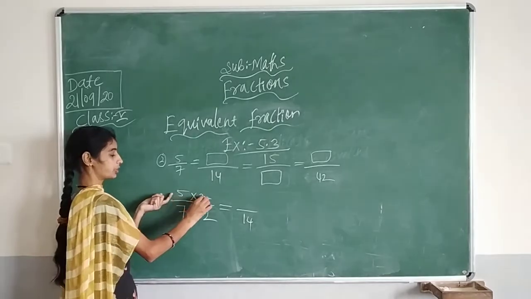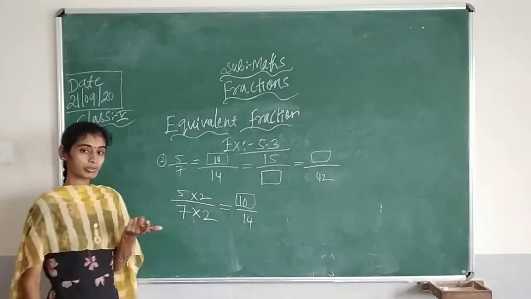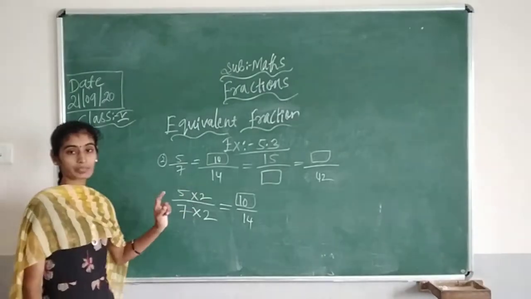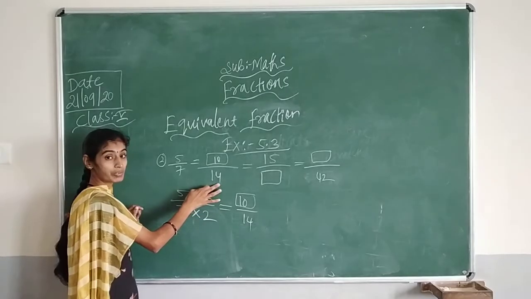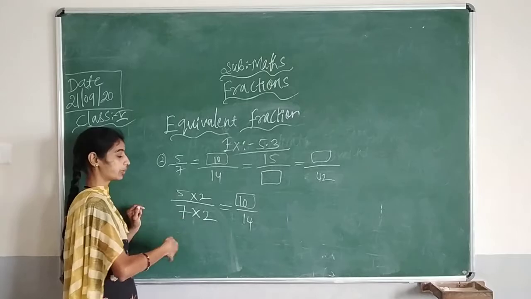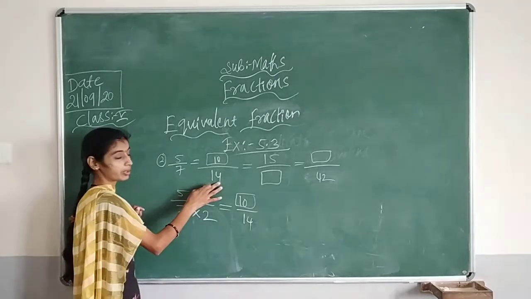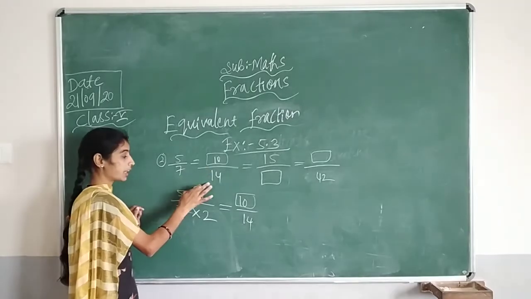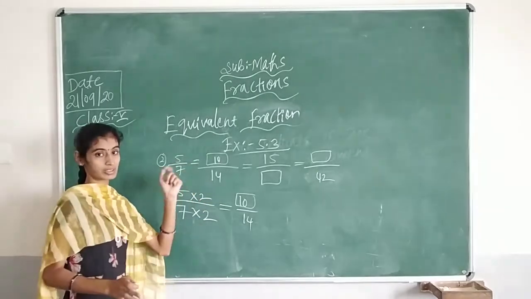So 5 2s are 10. So in the numerator the value will be 10. So the same number you have to multiply. How to multiply, children? One number we have given. With the hint of this you need to multiply. Don't simply multiply 5. Don't multiply with 3. You have to see the given number. So with the help of this, you need to complete the series.